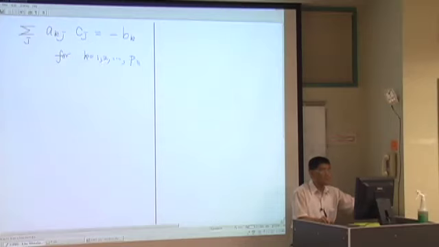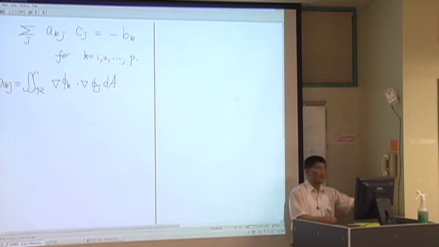this is the thing that we covered, and I mentioned that akj is nothing but the integral of this function, right? And bk is, this is the summary.